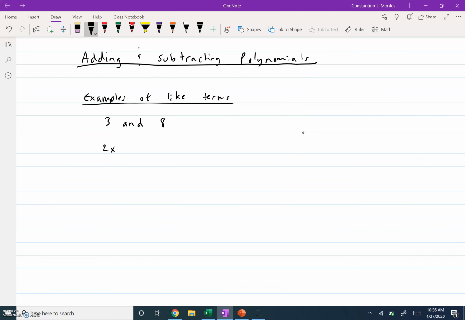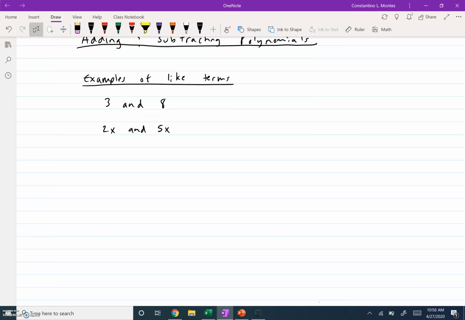2x and 5x. Those are examples of like terms. In this case, we have 2 times x, and we have 5 times x. Something to notice here is that the exponent of x is 1, and the exponent of x here is 1. So we're allowed to combine those together via addition or subtraction. We can even get fancier.